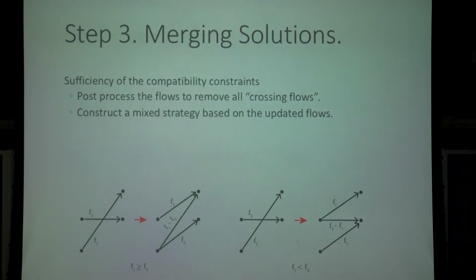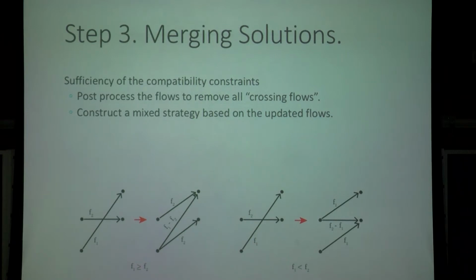So if, for example, two crossing edges both have a positive flow, we change the flow such that we get rid of this cross in the flow. So crossing at vertices is okay, but the edges should not cross each other.